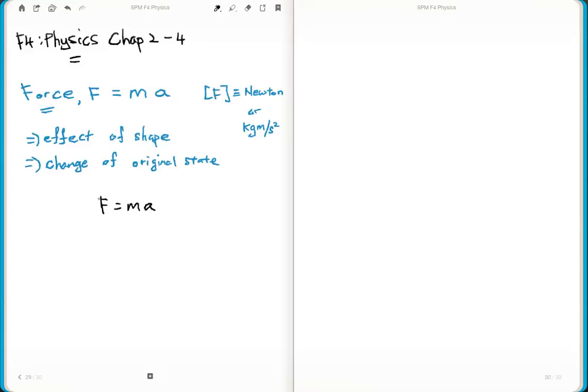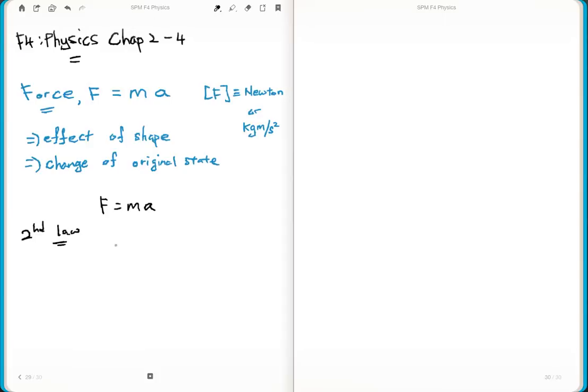In inertia, we talk about the first law of Newton: change of state, the higher the mass, the higher the inertia. An object stays in its position unless there's an external force on it. So that's the first law. Whenever this equation is involved, you talk about the second law.